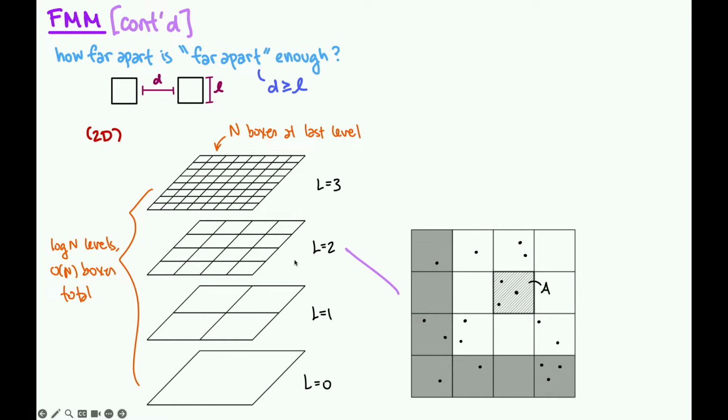Now at level 2, let's consider this hatched box, which we'll label A. Notice that A is sufficiently far away from all of these gray boxes as per our definition. So we can use the approximation from the previous slide to compute the potential contribution from each of these gray boxes. These gray boxes are referred to as the interaction list of A.